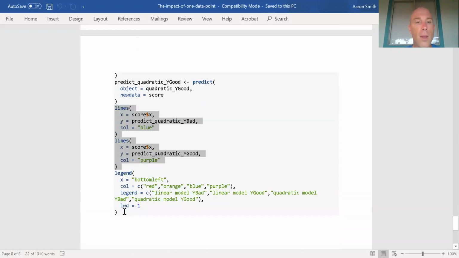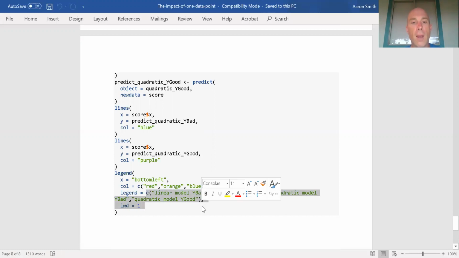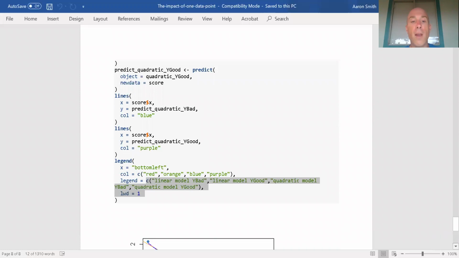Now I'm going to make a legend. I'm going to put the legend in the bottom left, and I'm coloring them red, orange, blue, purple. I just can't pick those colors; there's plenty of different colors you could use. And this is the order of the models in the legend, and I'm specifying that I want it to print lines instead of dots, so I put lwd equals 1, that's line width.